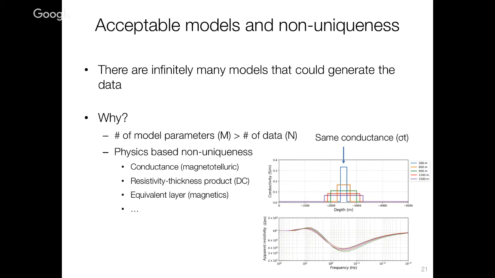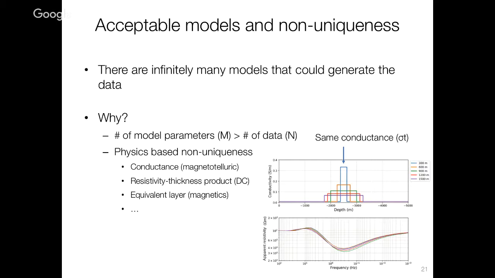For anybody who's done potential fields, for instance, you know that if you take gravity values over a surface or magnetic values over a surface, you could reproduce those observations just by having an infinitesimally thin plane of density or magnetic susceptibility. So it's kind of like an equivalent surface, and that's an example of non-uniqueness. There's no inherent depth resolution in that.